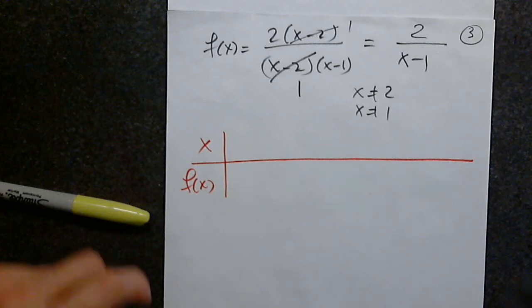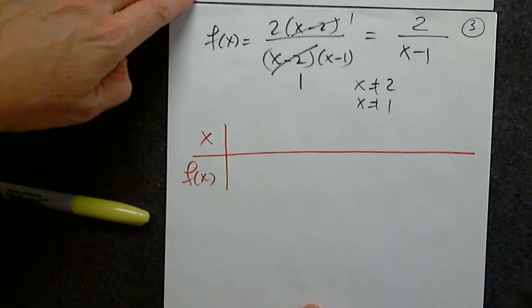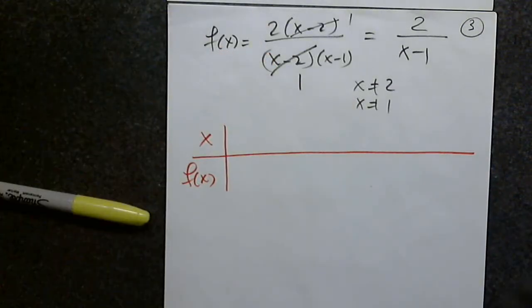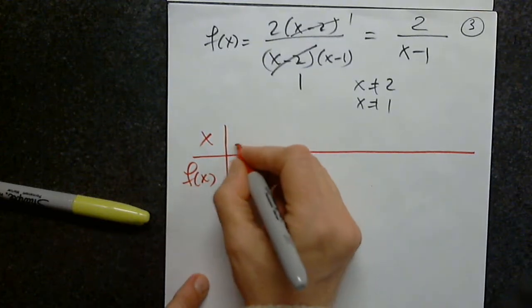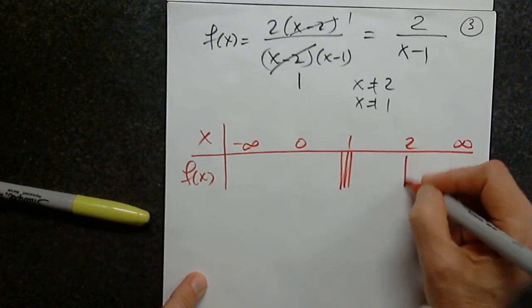Very good. Union. You cannot jump. There are infinitely many numbers between 1 and 2, right? So negative infinity to 1, union 1 to 2, union 2 to infinity. Excellent.